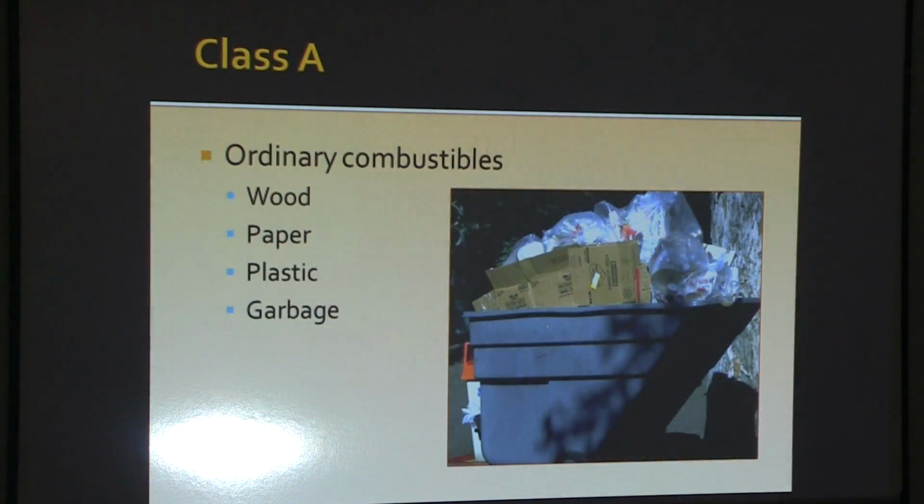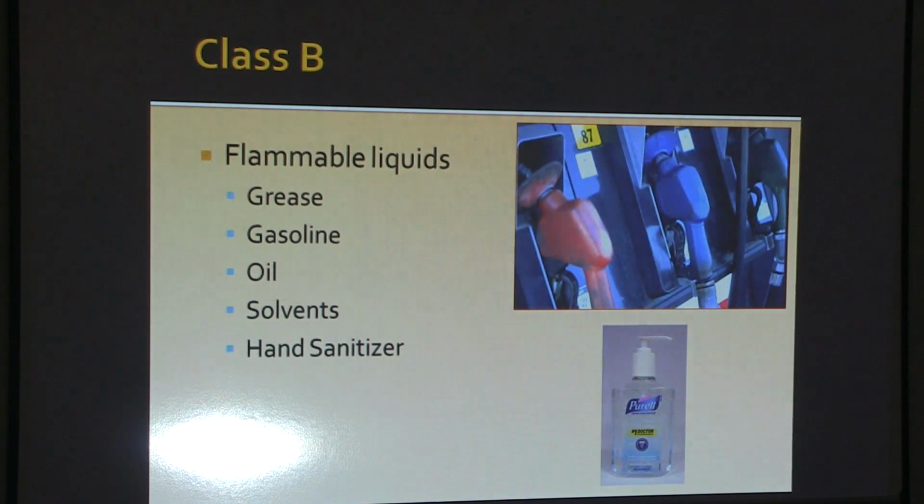Now, the different classes of fires are: Class A is ordinary combustibles. This could be wood, paper, plastic, and garbage. Or Class B, which is flammable liquids: grease, gasoline, oil, solvents, hand sanitizers, highly flammable.